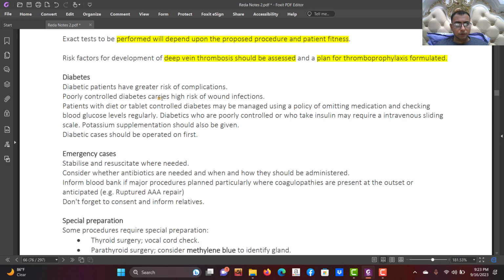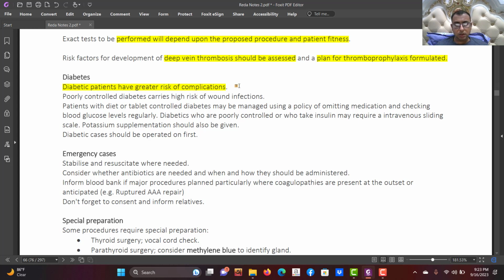Now there are some comorbid factors we need to remember before operation, like a diabetic patient has a greater risk of complications, so they should be kept on the first list, because glycemic status is changing over time.